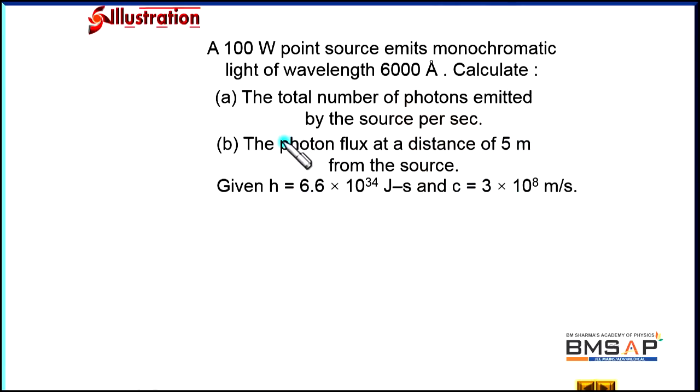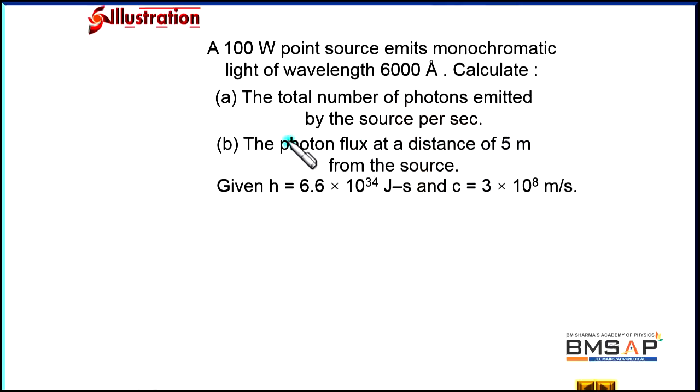In the second part, you can observe it is given photon flux. Photon flux means the number of photons incident on the surface per unit area per unit time. That is the intensity of the photons we need to calculate at a distance 5 meter from the source.